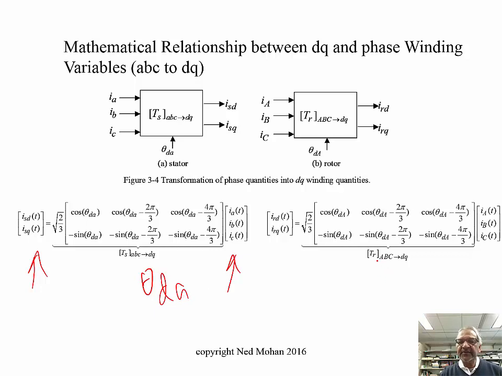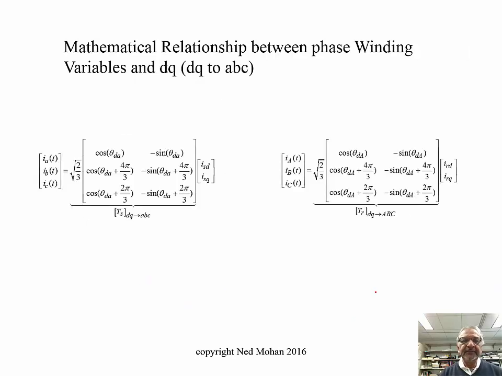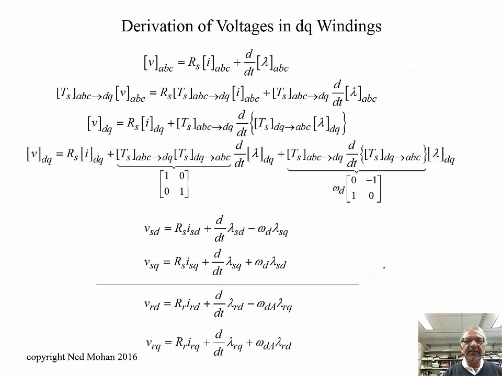Similarly, this transformation matrix takes us from the rotor currents ABC to D and Q axis winding currents in the rotor, and this time we take theta dA as the rotor A axis. And we can go the other way around because these 3 currents in the phase ABC reference add up to 0, so given ISD and ISQ, we can compute ABC, and similarly in the rotor circuit. So we saw that earlier.